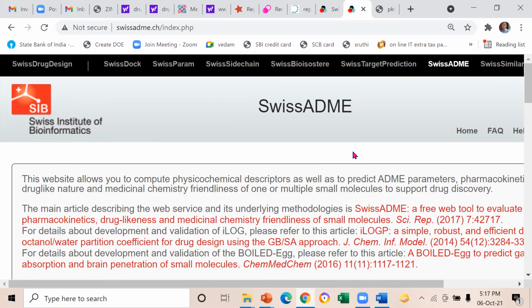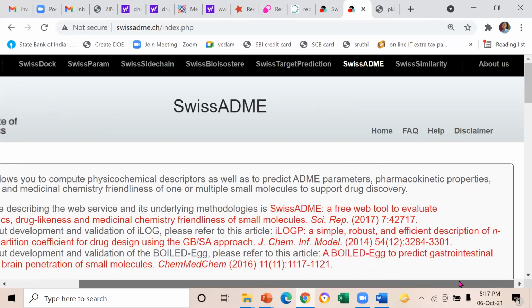Everybody uses this Swiss. There is no doubt about the quality of this. This is the best. Even commercial softwares will ultimately use this Swiss for homology modeling.